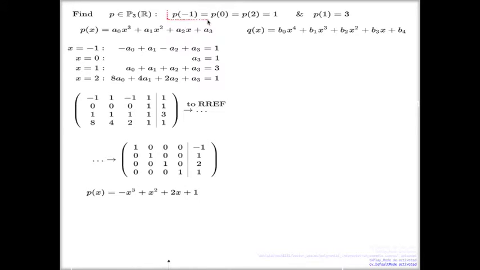Imagine we have the same requirements for this Q, even though on the slide I use the letter P. Let's just say we go for polynomial Q, which also meets the same requirements. So the value of my Q at the points -1, 0, 2 is 1, like in here. The value of my Q at point 1 is 3.